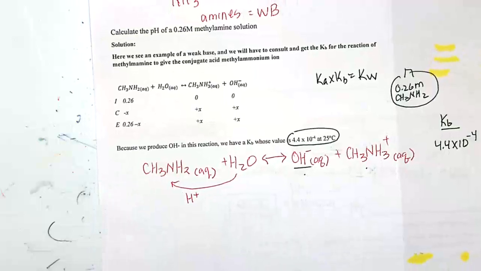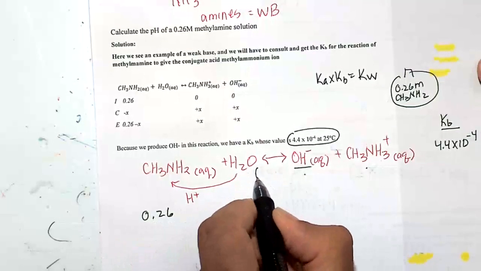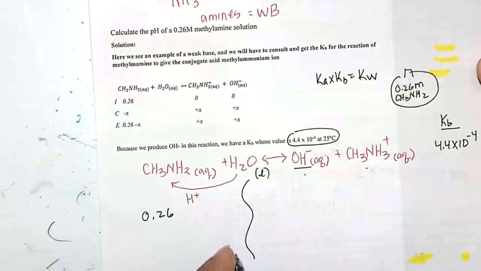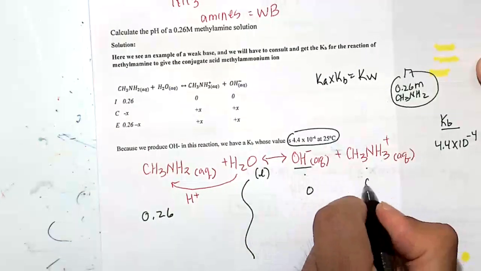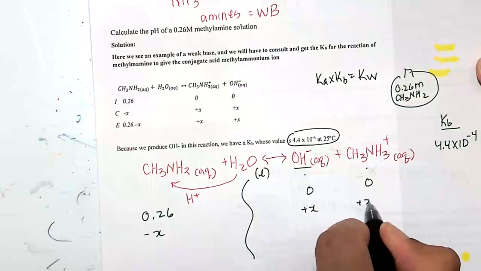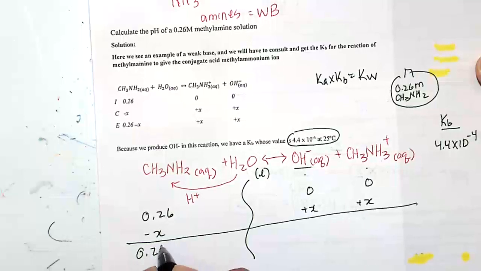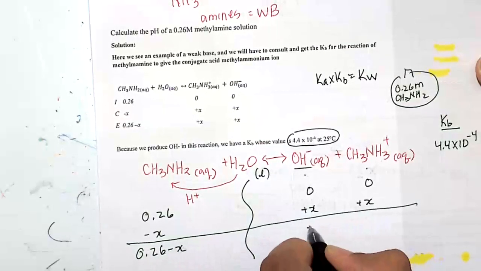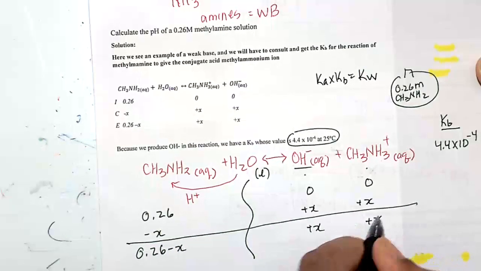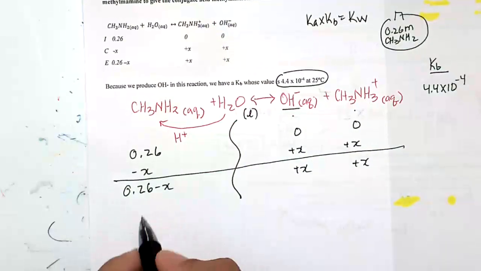So we're going to take our ice table: 0.26. Water is a liquid, so we can put a big X on it. Then 0, 0. This will be minus X, plus X, and plus X. So this is 0.26 minus X, plus X, and plus X. We'll plug that into the Kb.